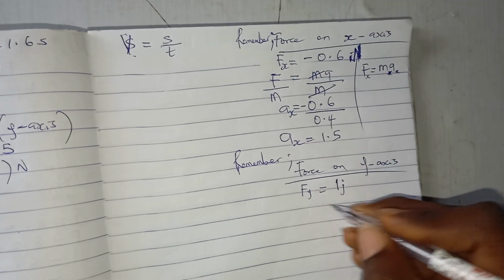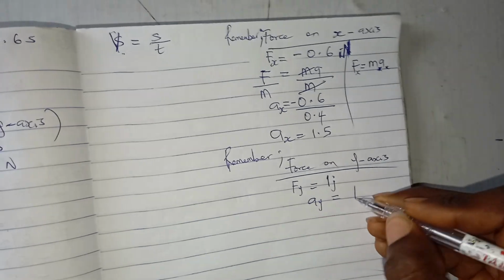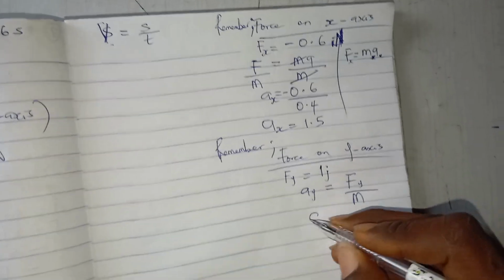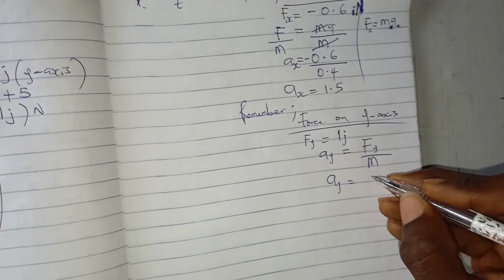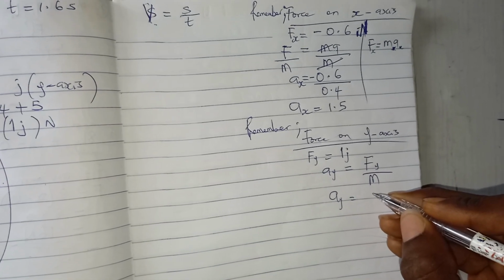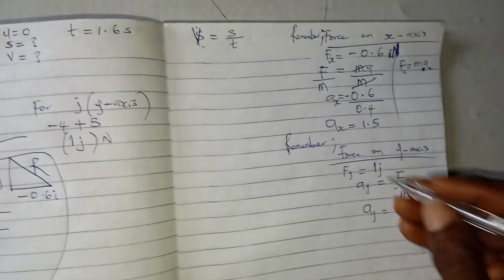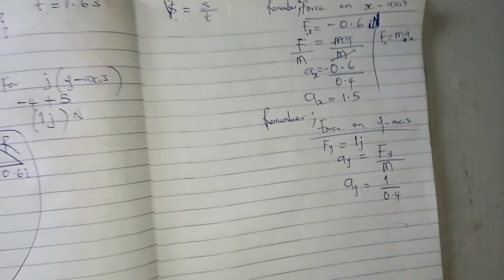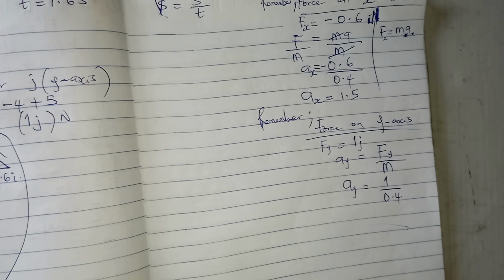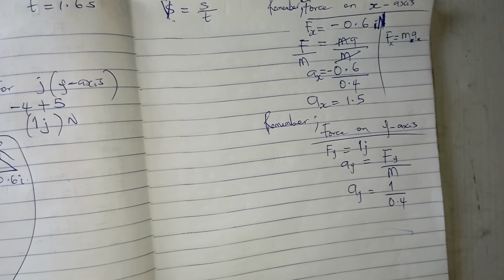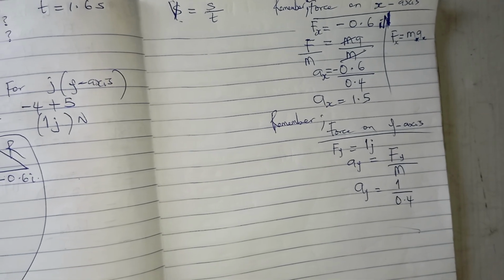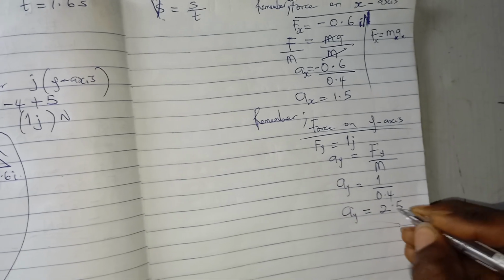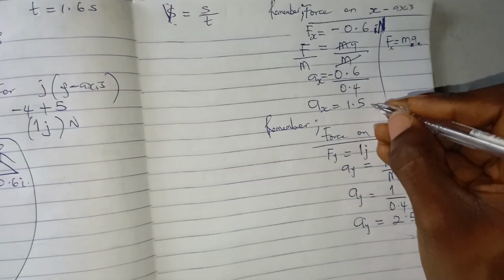So A on the y-axis will be equal to Fy over m, which is 1 all over the mass, which is 0.4, the same mass. That gives 2.5 meters per second squared.